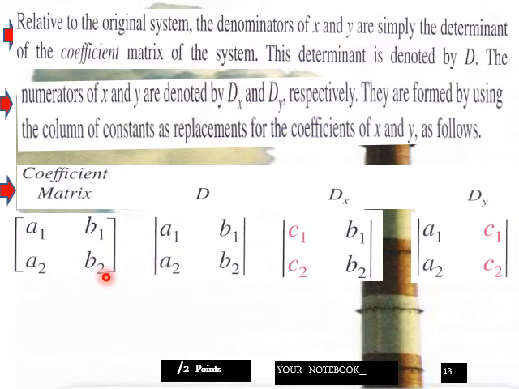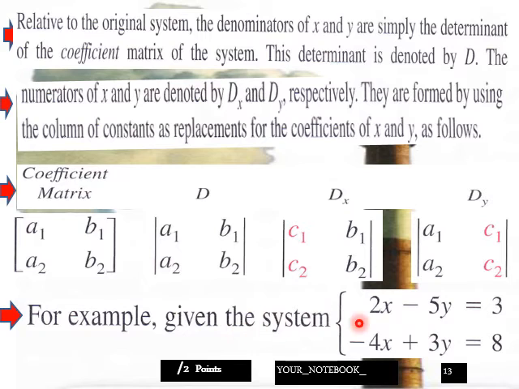So here's our coefficient matrix here, and then our D is here, our Dx is here, and then our Dy is there. So our C1 we shift here. Dx is C1 C2 over B1 B2, and then for our Dy it'd be A1 A2, and then we have C1 C2 over here. So these swap places here for our x and y.